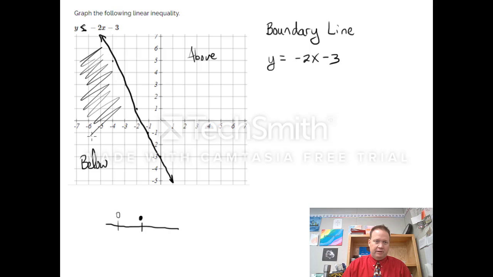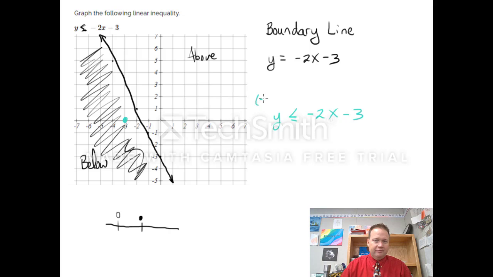So you could take your pencil and we can kind of shade. And what that means is any point that's over here as an ordered pair would make the inequality true. So our original inequality said y was less than or equal to negative 2x minus 3. So if I were to pick a point, like let's say this point right here, that's negative 3 comma 0.